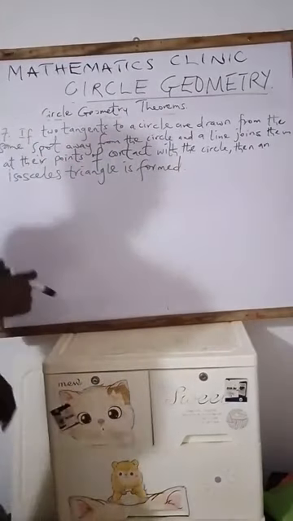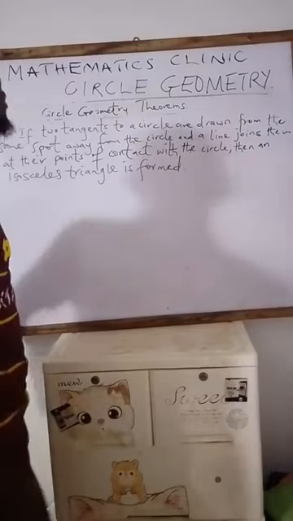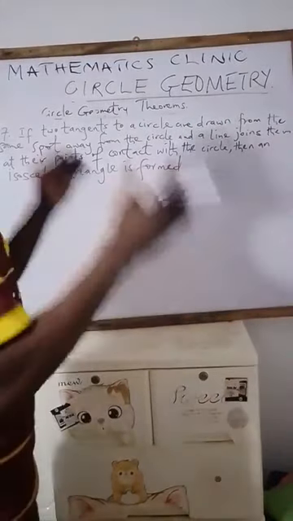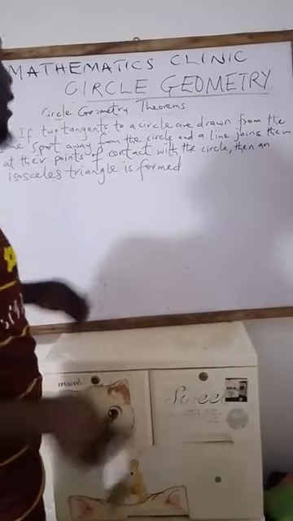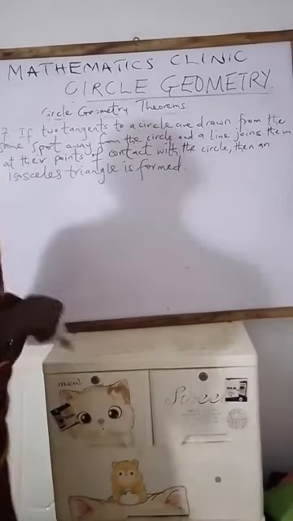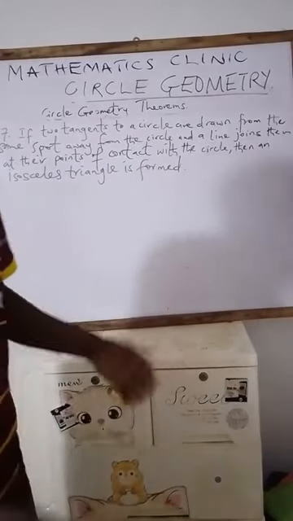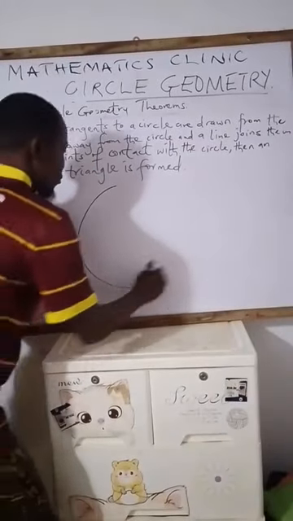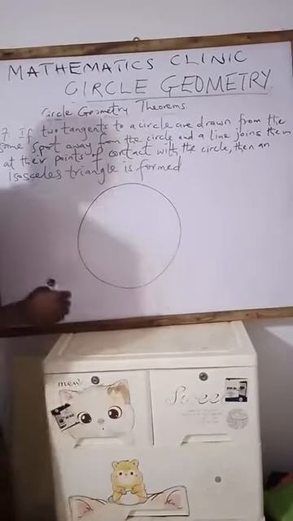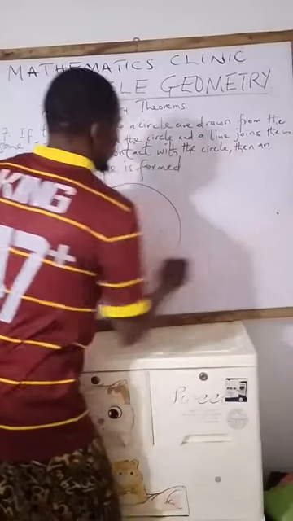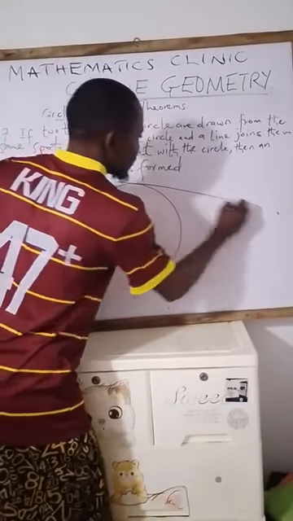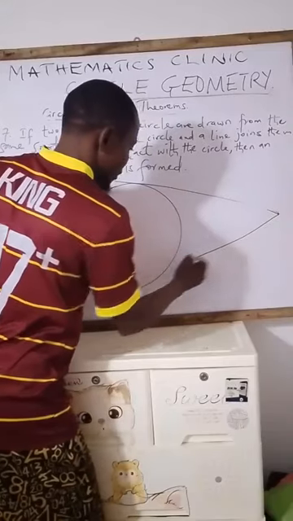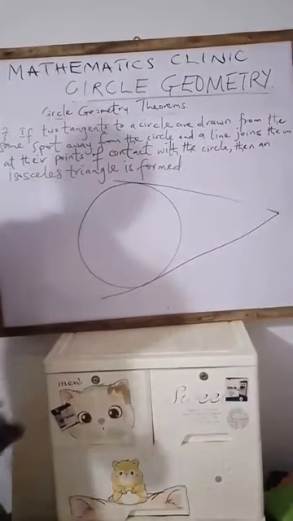That is what the seventh theorem is saying. What does it mean? It simply means if you have a circle and you choose a point to draw the tangent to a circle this way, another tangent this way.